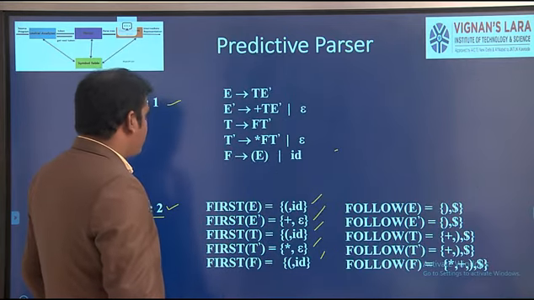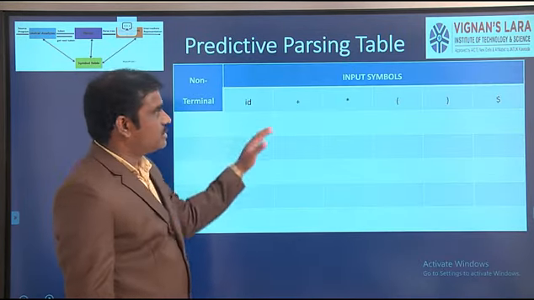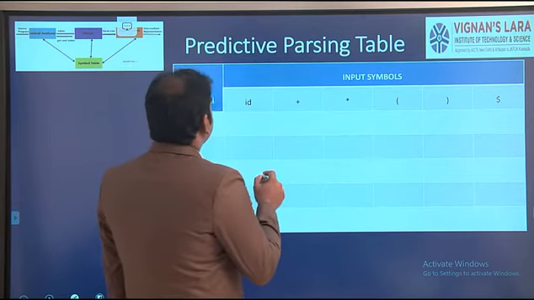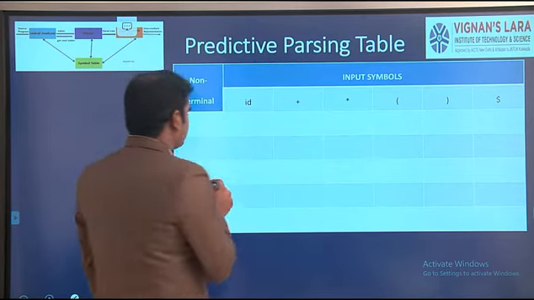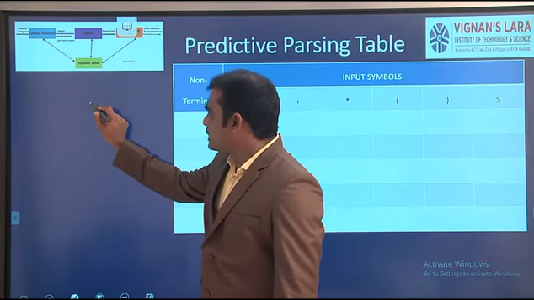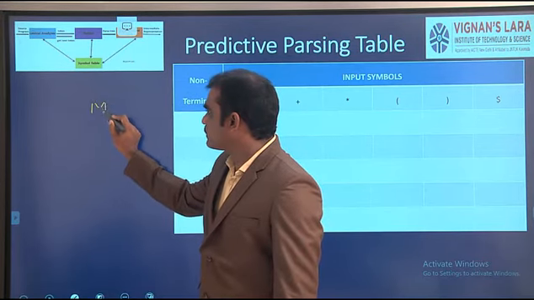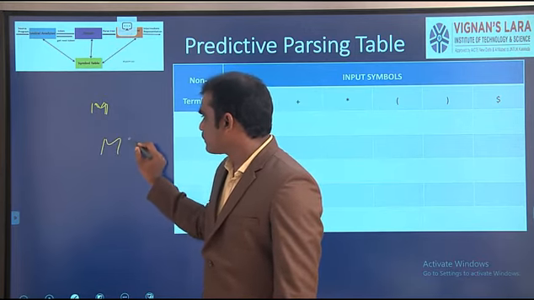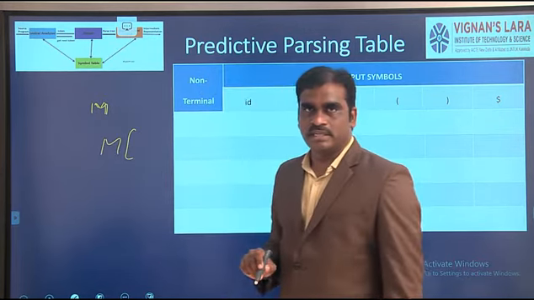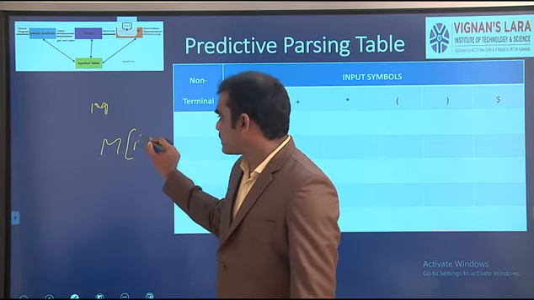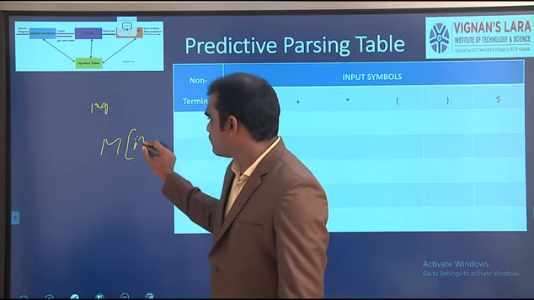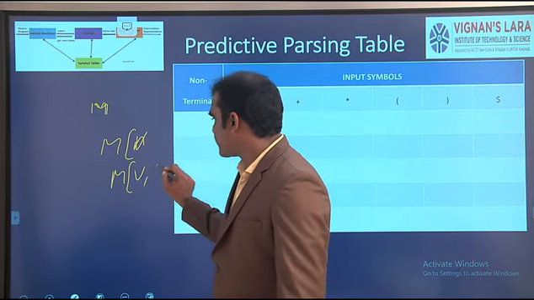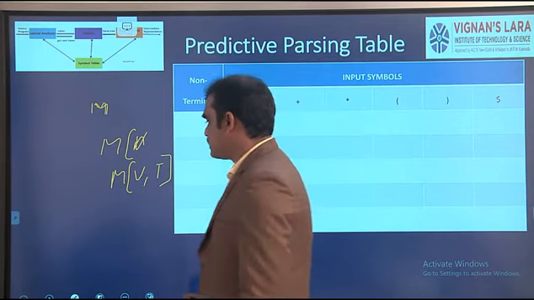Now construct the parsing table. I have already mentioned the table: the table is M. It is a two-dimensional array. The first parameter is a variable, and the second parameter is a terminal symbol.